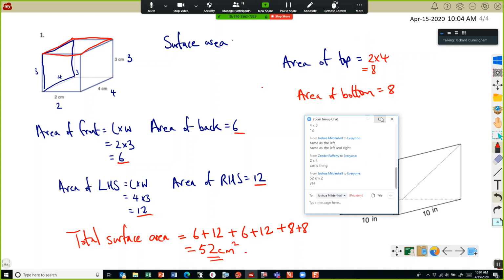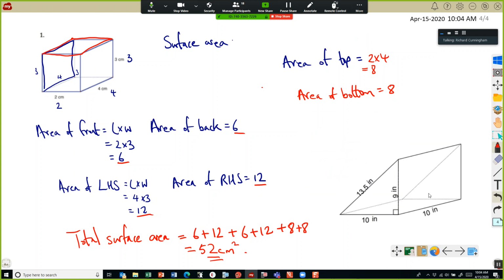Okay, cool. Now, how is this shape different? How is this one different? Anyone?